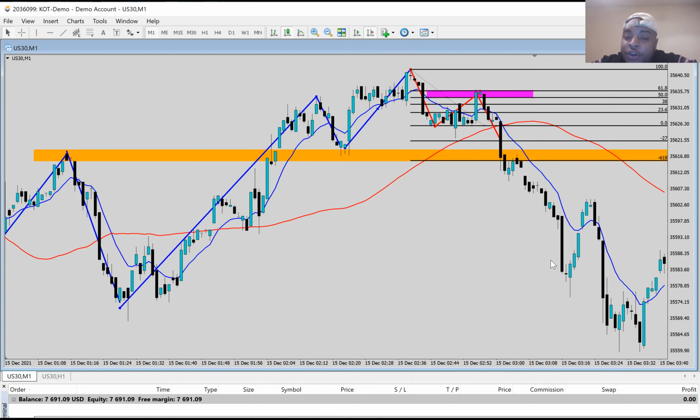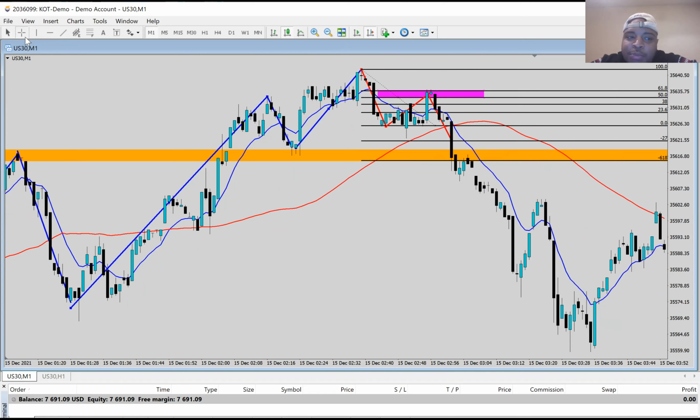If I can not get greedy, I can just catch moves all day, take it at this 50 and get out somewhere down here. Why? Because now I know whatever is happening on the M1 is creating structure on a bigger time frame. Bigger time frames give you a sense of the direction, but what a lot of new students don't know is that the smaller time frames make the higher time frame.